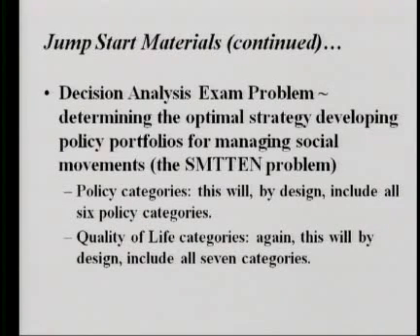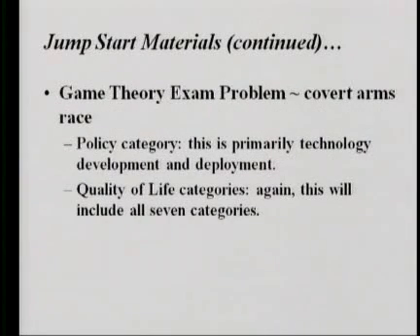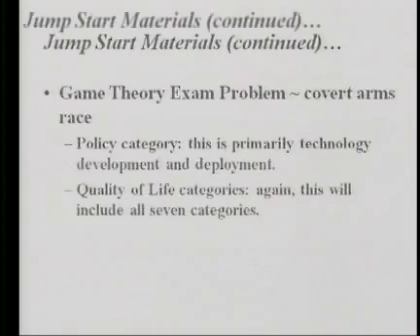That was the Smitten problem. And the policy categories will, by design, include all six of them. Quality of life, again, all of them, or include all 7. And in game theory, we had this covert arms race in the policy category, principally technology development and deployment. And once again, it cut across all quality of life categories.